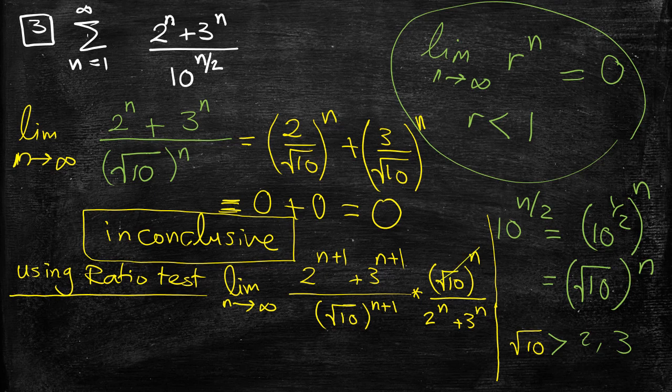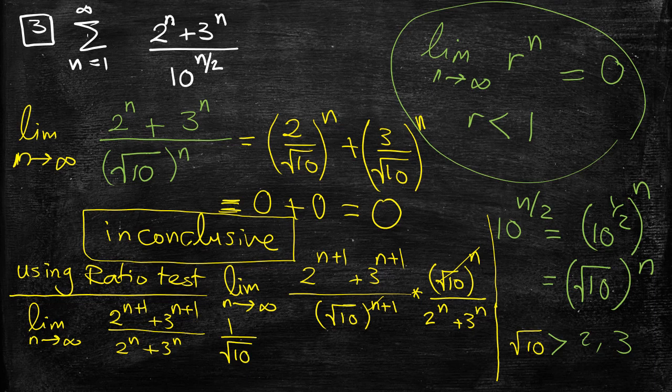The root 10 power n cancels, so we end up with the limit as n approaches infinity of (2 power n plus 1 plus 3 power n plus 1) divided by (2 power n plus 3 power n), and then we have 1 over square root of 10 here.